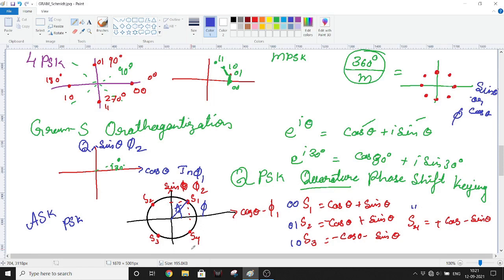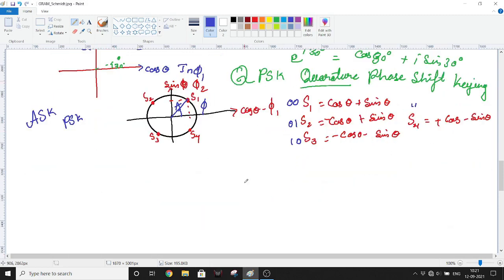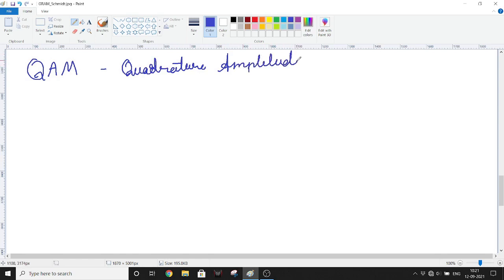So there we come to another modulation scheme called QAM, quadrature amplitude shift keying.